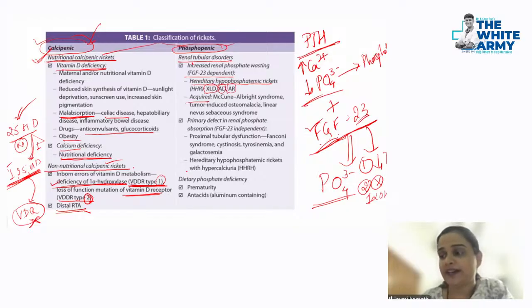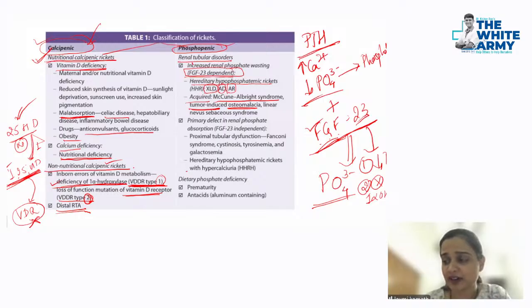And in acquired, it can be any tumors. There are multiple tumors which produce FGF23 as a byproduct or humoral mediator. All of them also present with osteomalacia. That's why you see most cancer patients having osteomalacia, easily breakable bones, all of that, correct? And few syndromes like McCune-Albright syndrome and linear nevus sebaceous syndrome. Now this is when FGF23 is more.